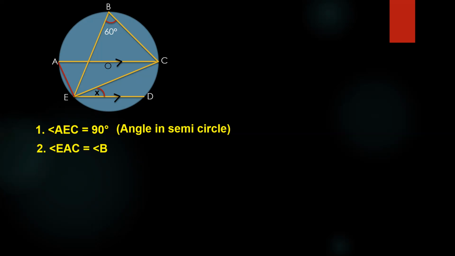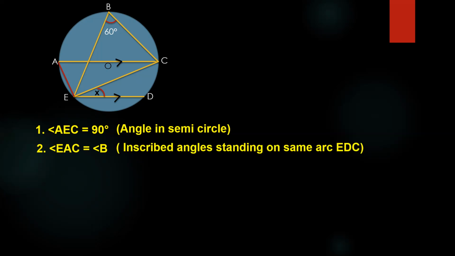Look closely. Now we can give the reason like this: inscribed angles standing on the same arc EDC. Got it? Now here we can say that's why the value of EAC is 60 degrees, right? Correct? Now we found the value of EAC also.